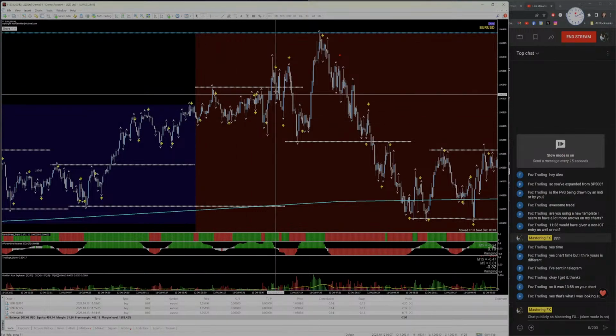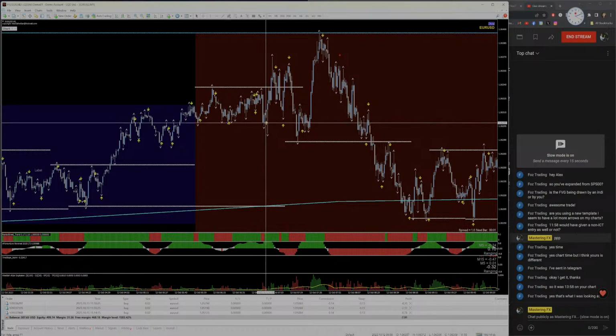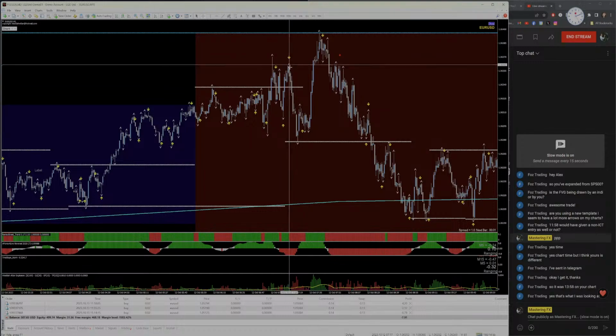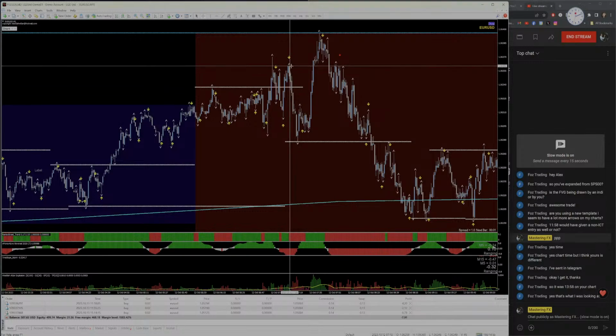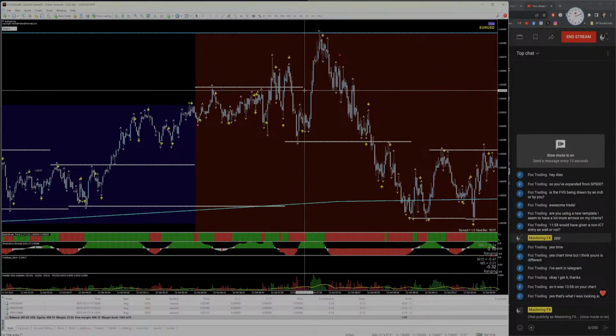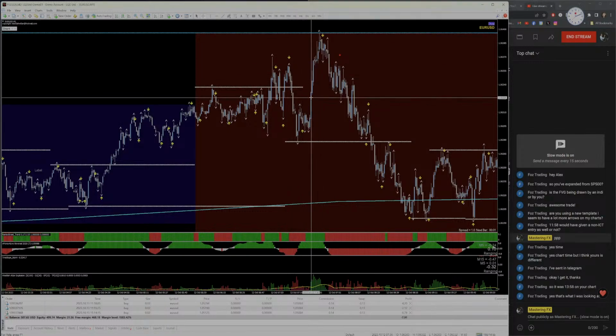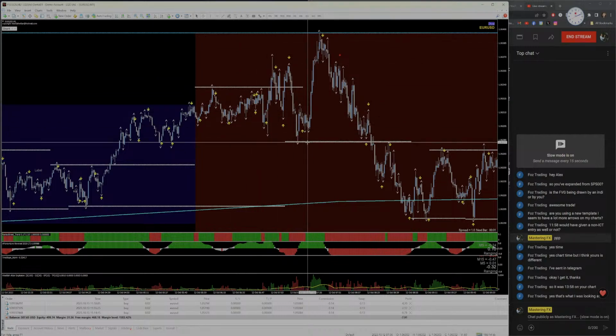Okay, then we broke up. Low was here. Yeah, you can see here we did actually break structure. We had a market structure shift here, but then price went higher because of the news, and I got stopped out on my fair value gap here, and I was like, okay, I'm done, because I saw all those wicks going up and down.